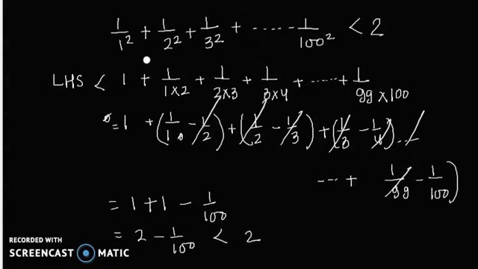So we can say the left hand side, that is this, is less than 2, hence proved.